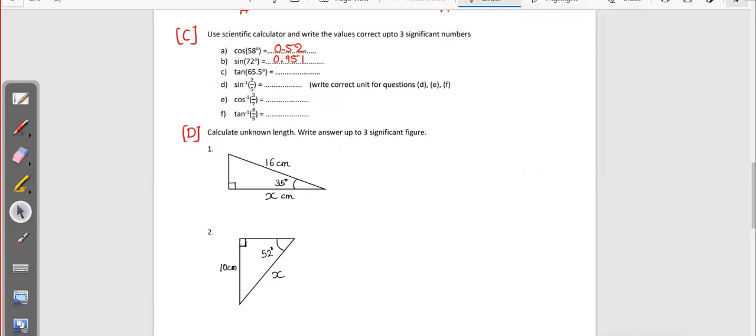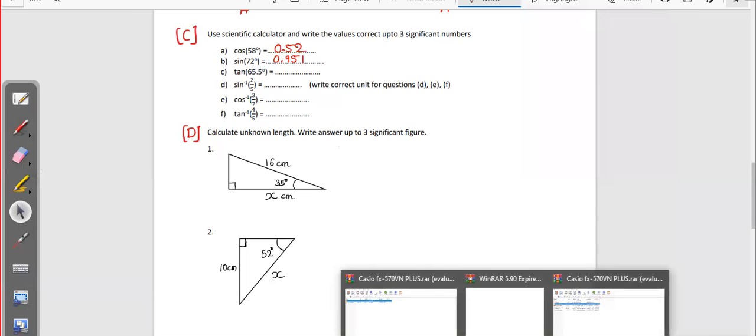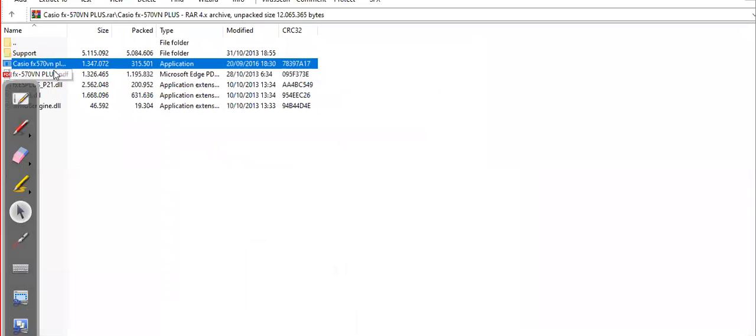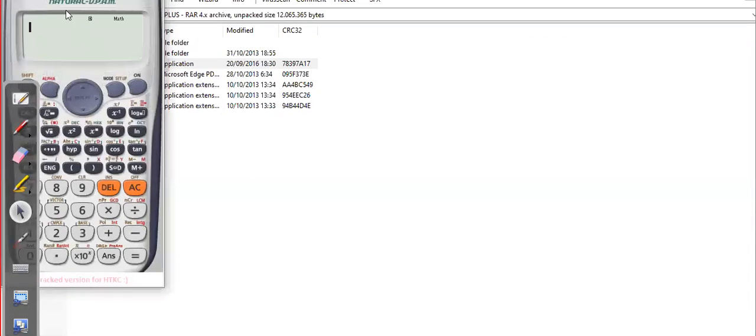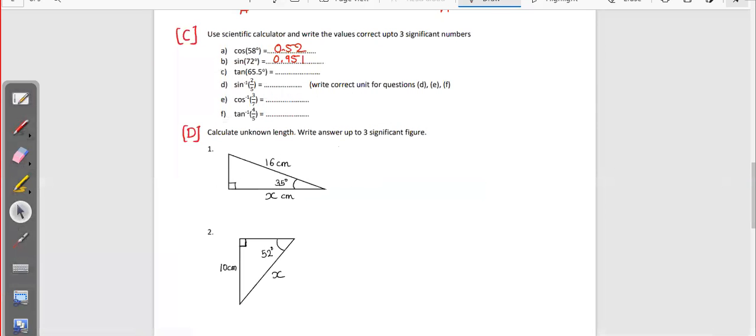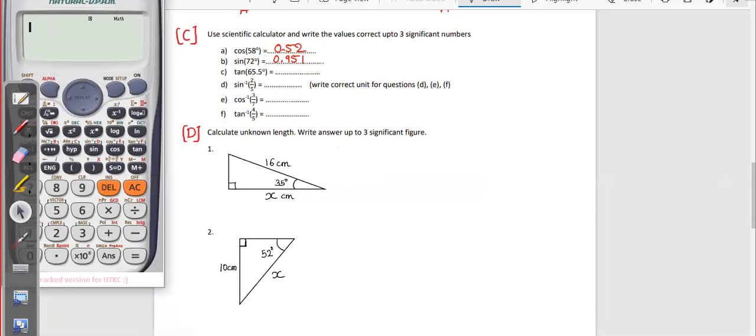Next question. Okay, so here is the calculator.